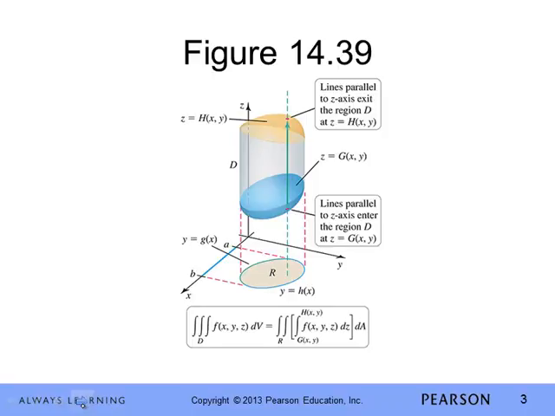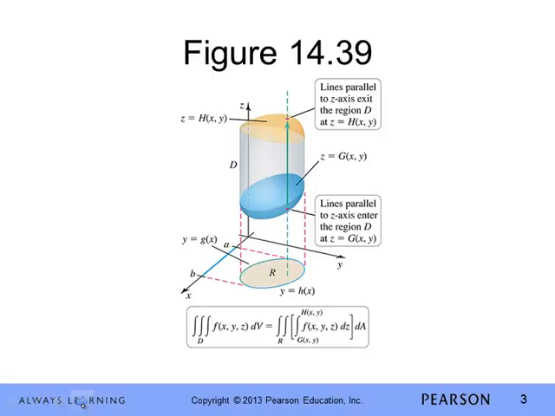You can figure out a function of y in terms of x, or x in terms of y, to establish your limits for y and then for x, or vice versa. So that's what we're talking about here. If we're going to evaluate the triple integral of a three-variable function dV over this three-dimensional region that we're calling D, you have to decide: do you want to integrate with respect to z first, or with respect to x, or with respect to y?